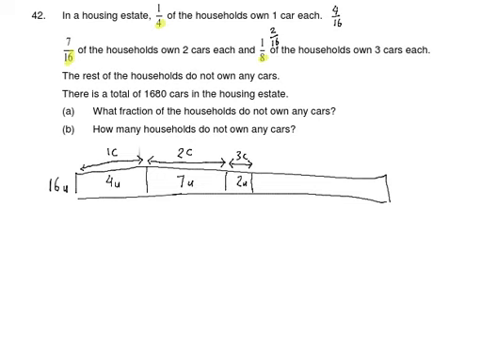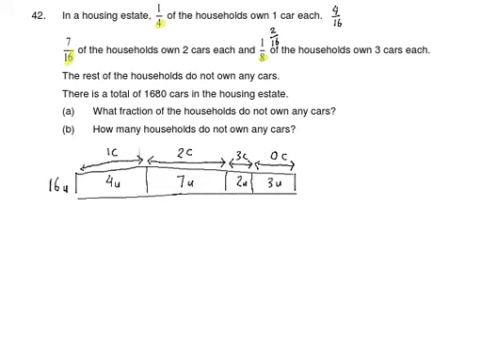Danish? 3 units. So you can see that my model is not drawn to scale, right? I can actually edit it a little bit to make it more to scale. Three units. And this is 0 cars, right?